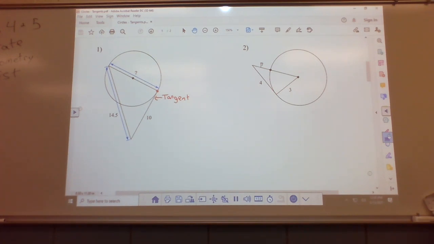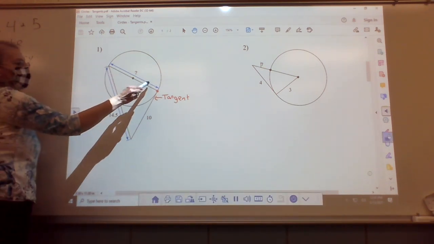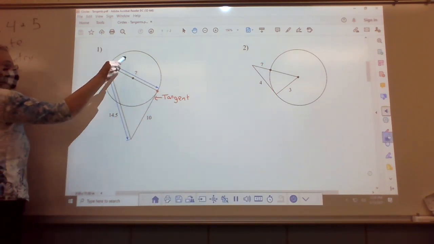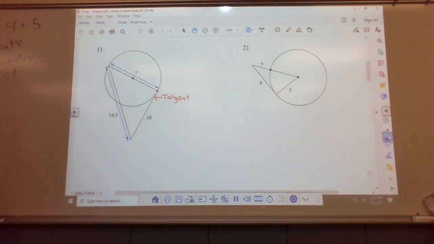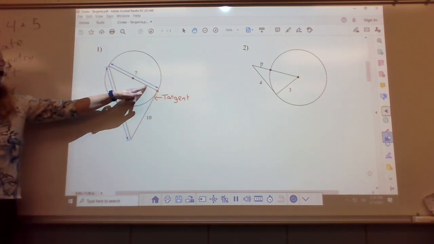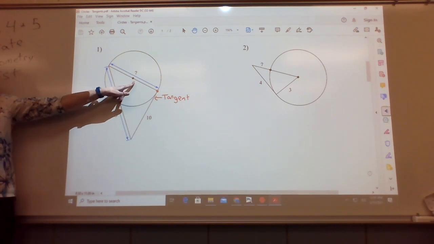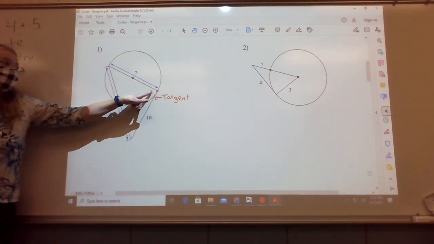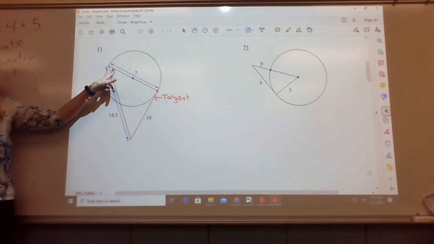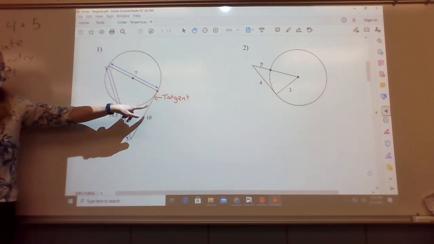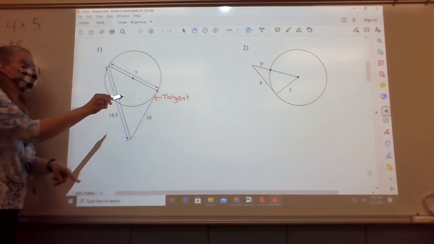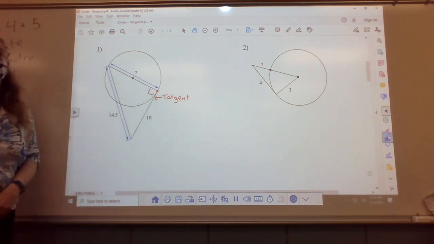Now, does anybody recall this segment here that goes from one side of the circle to the other side through the center? Does anybody remember the specific name for that segment? Diameter. And that was actually one of the vocab on that quizzy thing. So this is a diameter. And I said that the tangent and the diameter form a right angle.